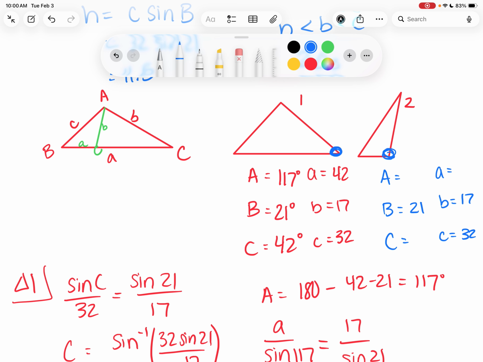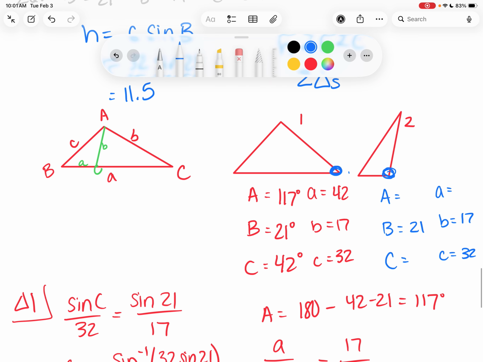In most cases, this isn't always true, but in most cases this angle is acute. So this is angle C, and I have to find this angle over here, which a lot of times is going to become obtuse. Probably like 70% of the time that's what's going to happen.